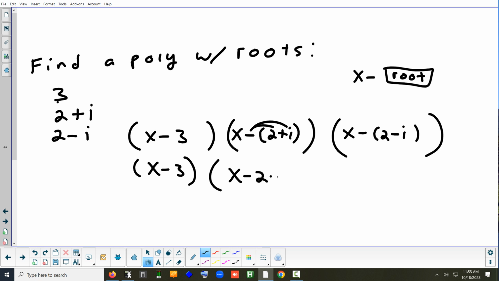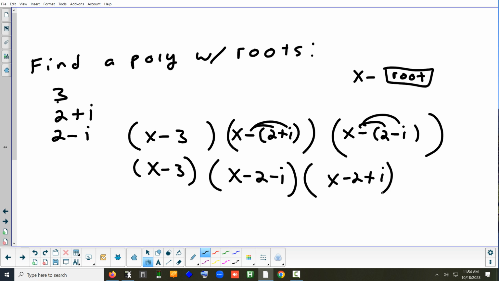X minus 2 minus i. And what about when you distribute the negative on this one? Yeah? X minus 2 plus i.